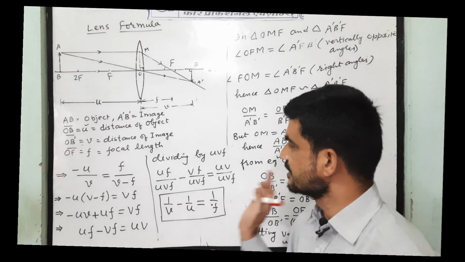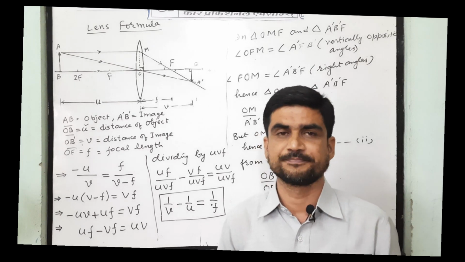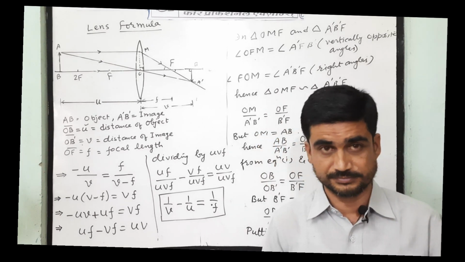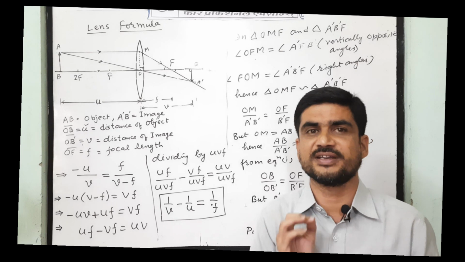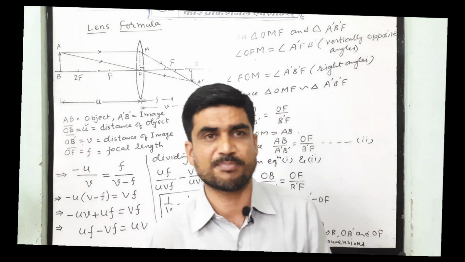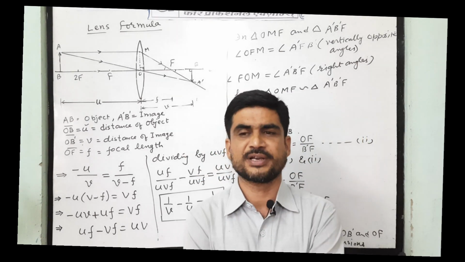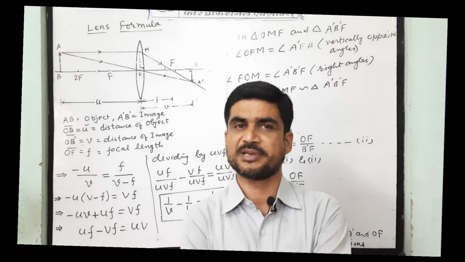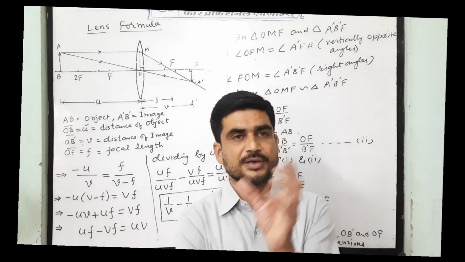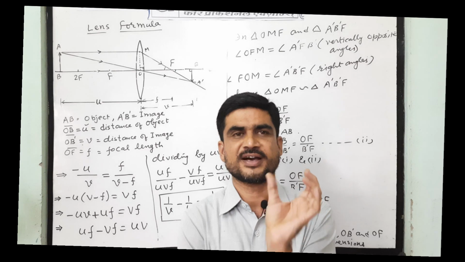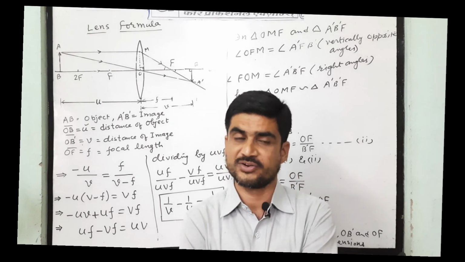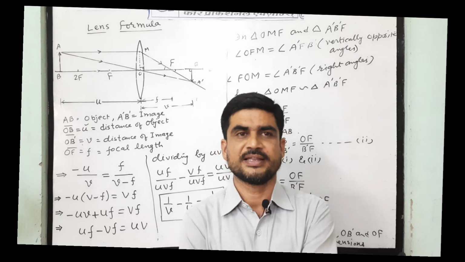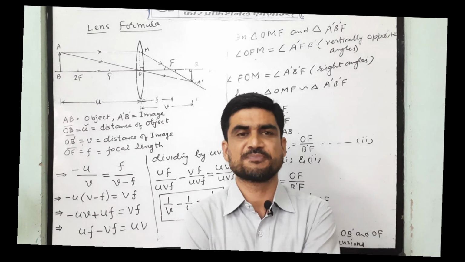Clear? Now we will see one more thing along with that, the power of the lens. So what is the power of the lens? Say when you put on any specs to correct your myopia or hypermetropia, you are wearing a particular type of glass, either a convex lens or concave lens, and it is suggested that you take this much power of the lens.